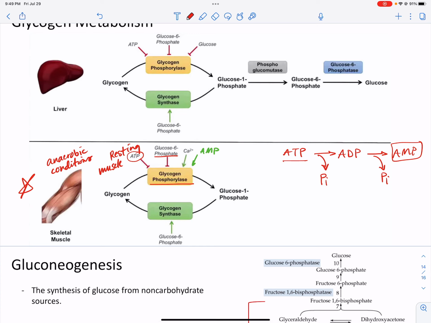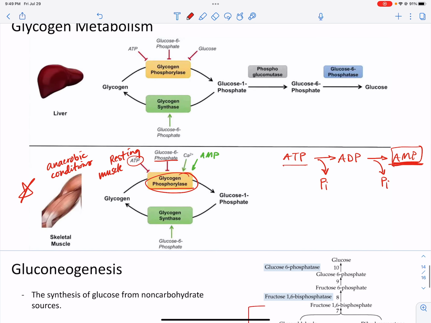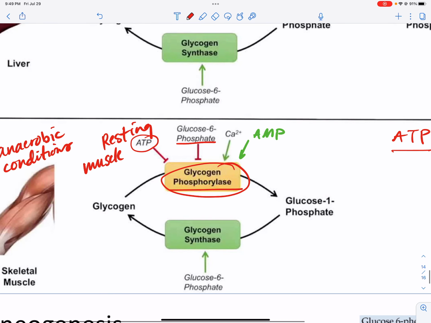And because of that, this glycogen phosphorylase is going to be really, really sensitive to levels of AMP. So when we are low on ATP, AMP is going to be present in a really high amount, and it's going to turn on glycogen phosphorylase so that we rev up production of ATP via glycolysis in our muscle cells.